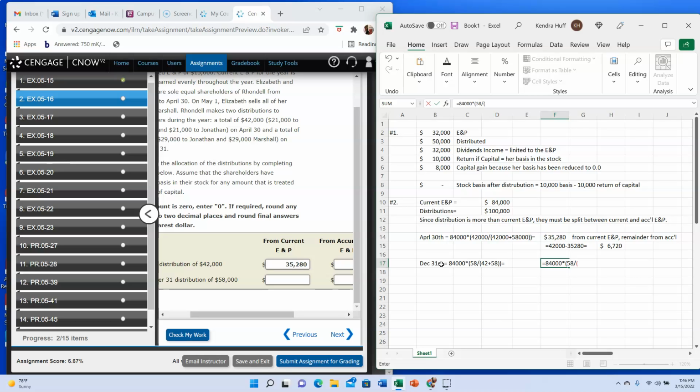Divided by 42 plus 58. All right, that's from current E&P. That leaves from accumulated E&P 58,000 minus 48,720.